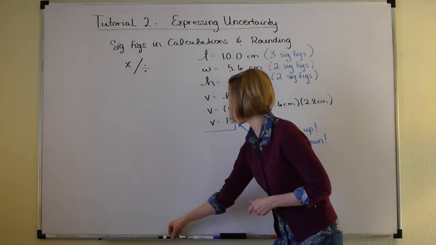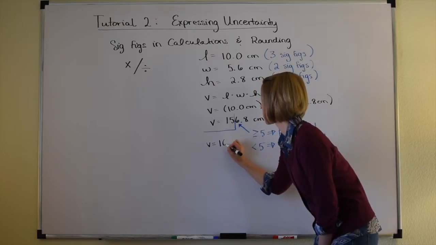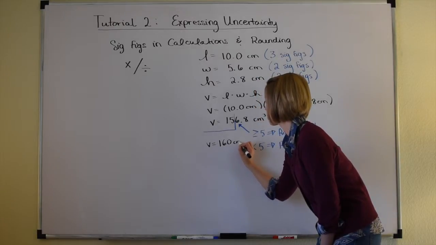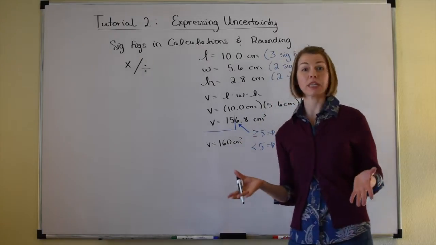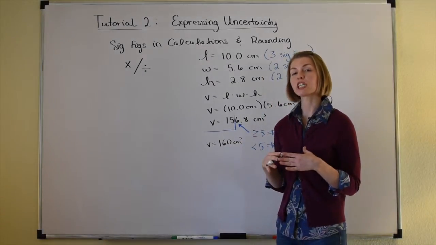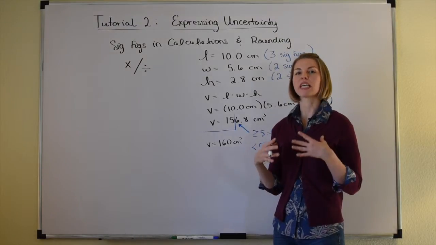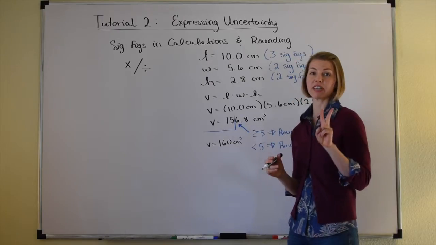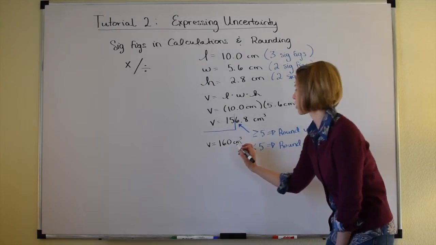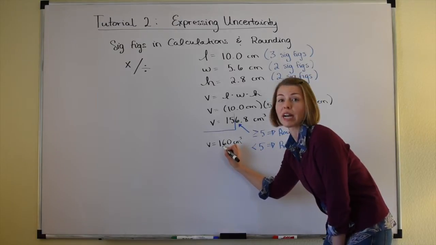So let's go ahead and do that. So it's 160 centimeters cubed. But that 0 is ambiguous. So we need to express this final answer in scientific notation so we can clearly, unambiguously show 2 significant figures. So I'm going to grab my decimal point and I'm going to move it over until I get a number between 1 and 10.